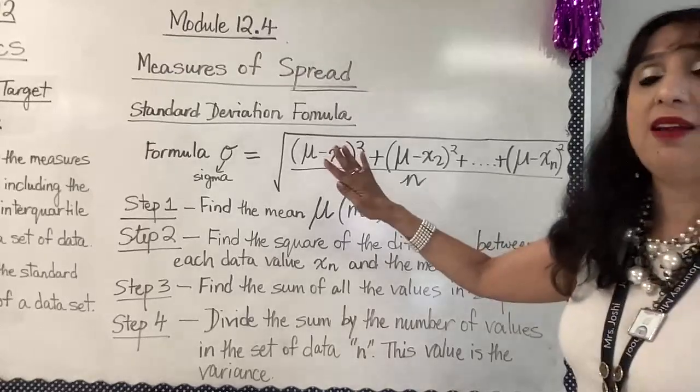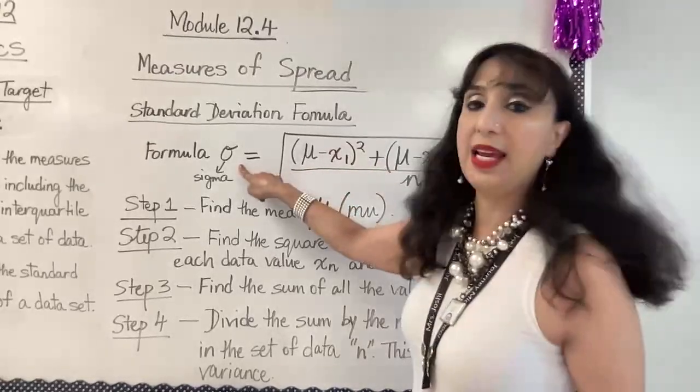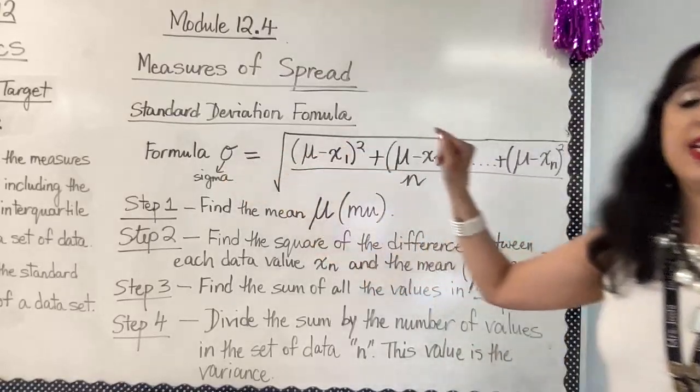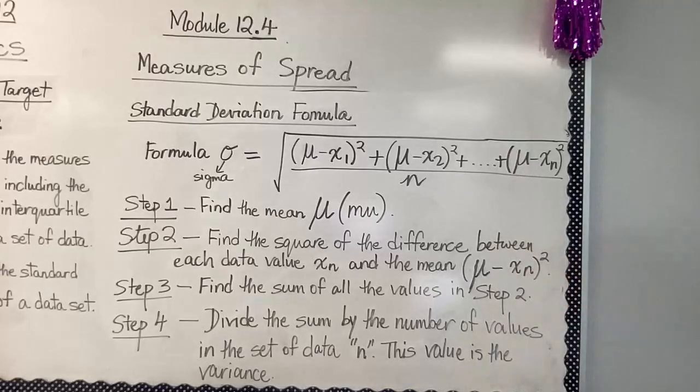The formula gives sigma, and this represents our standard deviation. Once again, the lowercase sigma is used to represent the standard deviation of a population, which measures the spread or dispersion of data points around the population mean.